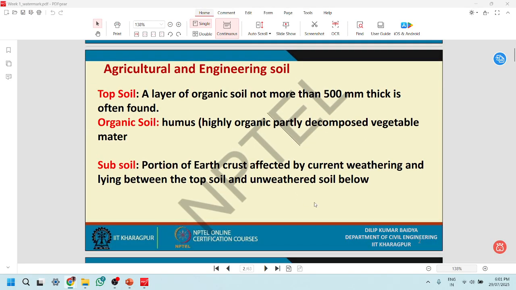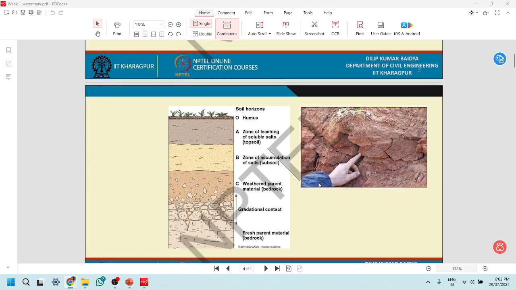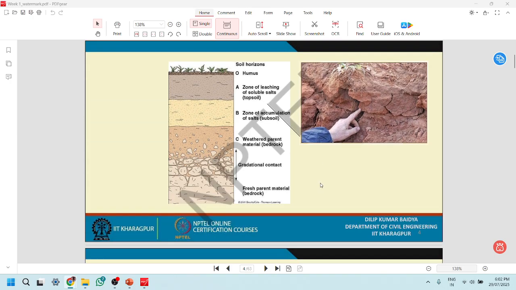So this is just an overview about soil mechanics and what's the difference between studying soil as a science and studying it as a technical subject, like the difference between soil technology and soil science.